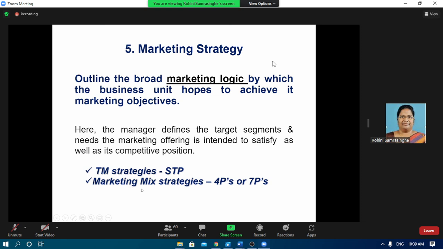Then again, product, price, place, promotion, especially linked with physical products, and if it goes beyond, then you can understand how you can develop the 7 P's if it is services, right? So all these strategies, no need to apply here, but it depends on your marketing objectives.